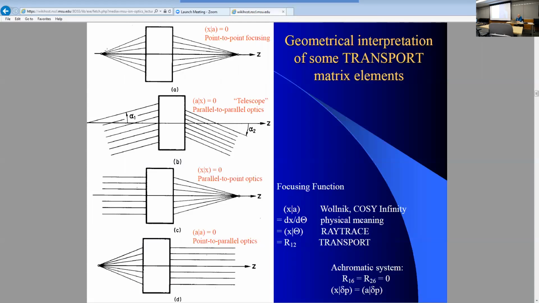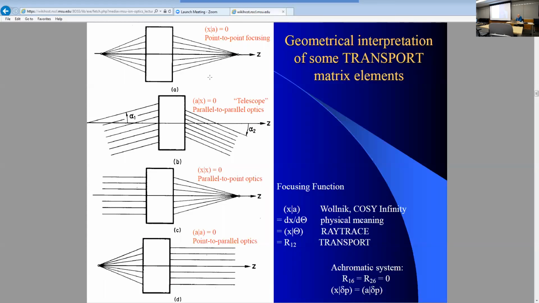You just change at the entrance of the system the angle, nothing else. So no momentum change, no x change, just the angle. And if you end up at the exit of the system with x not changing, then you have R12 or (x|a) equal to 0, and that is a focus. So this element being 0 means you have a point-to-point focus.